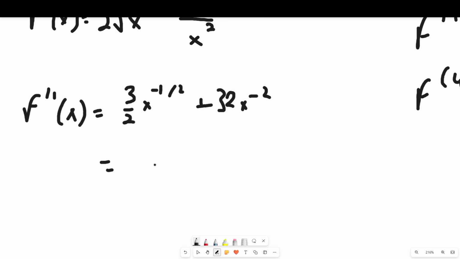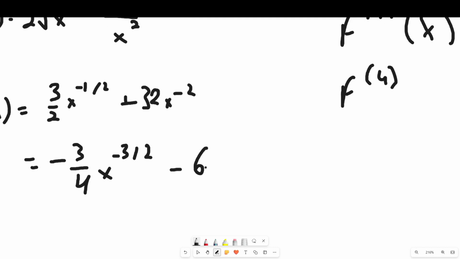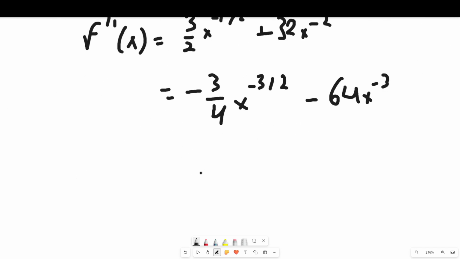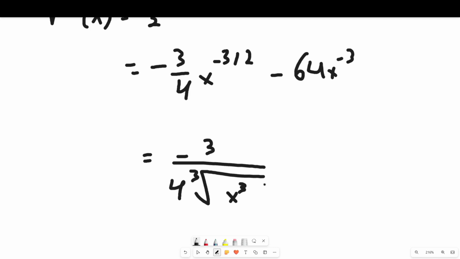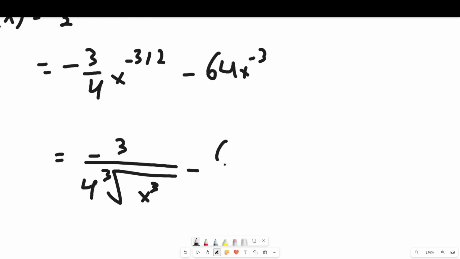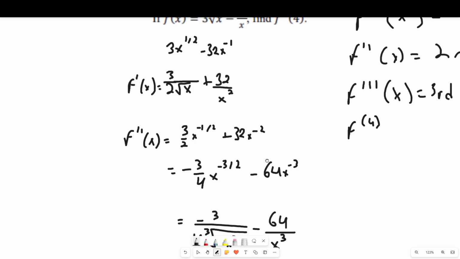So -3 over 4 x to the -3 over 2 minus 64x cubed, and then this just becomes -3 over 4 times the square root of x cubed minus 64 over x cubed. So we got that down, and now we got to plug in 4.